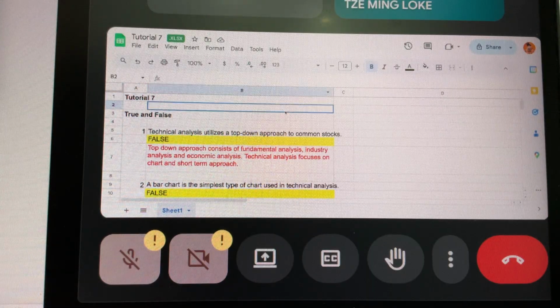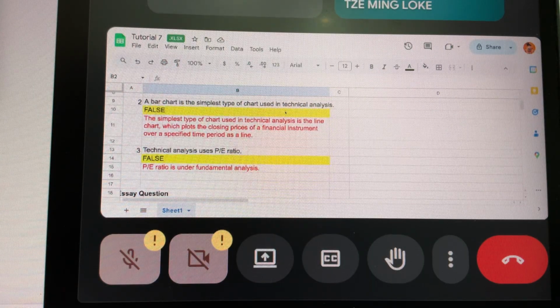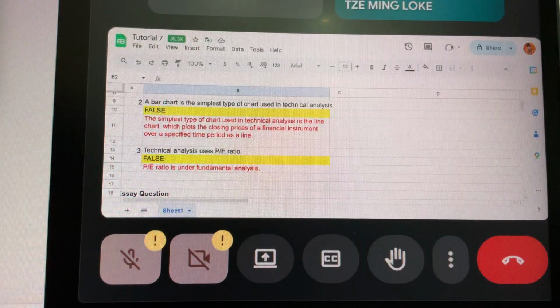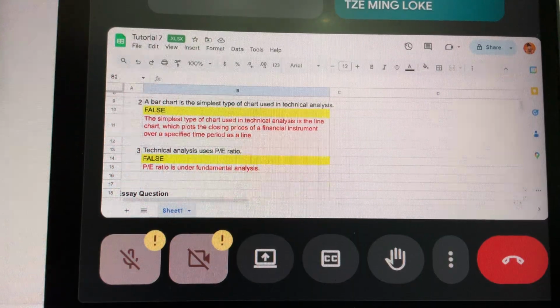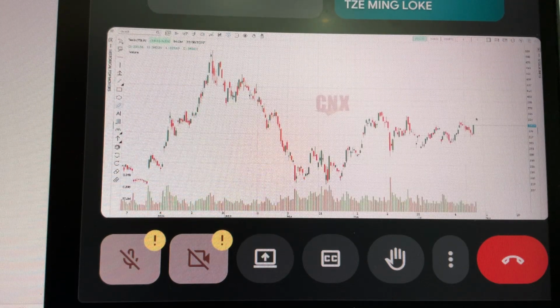On the next question, it says a bar chart is the simplest type of chart used in technical analysis. Let's look at the meaning of bar chart. If you look at the charts here, you can see this thing. This is the most common thing that we use in technical analysis.